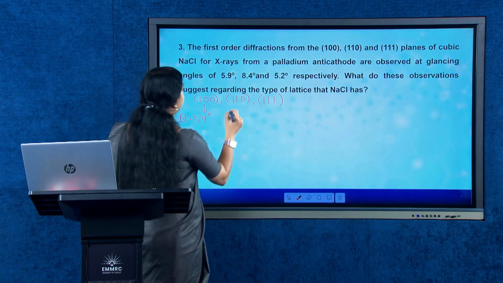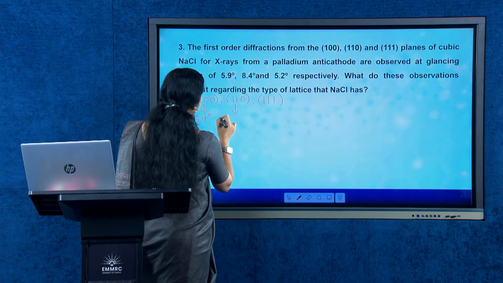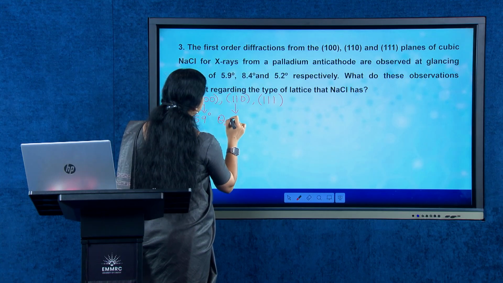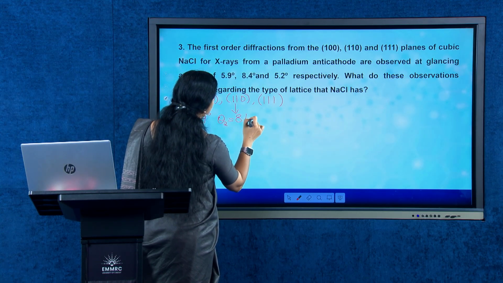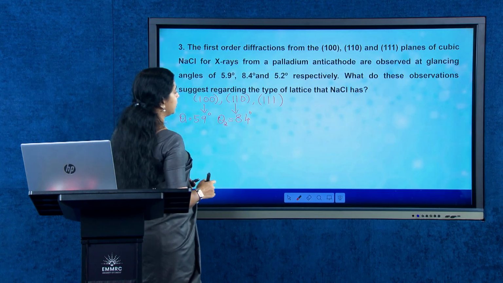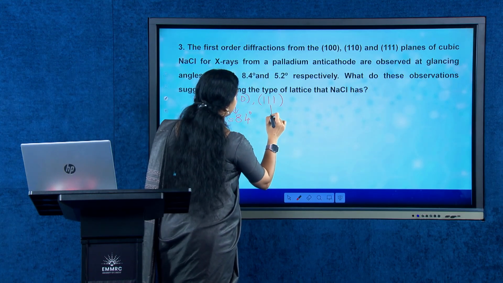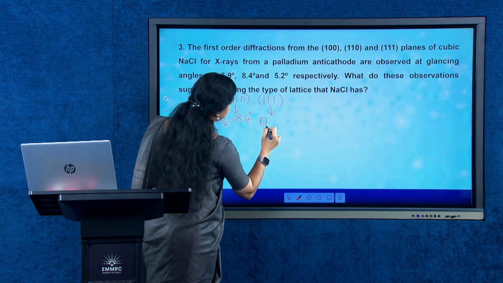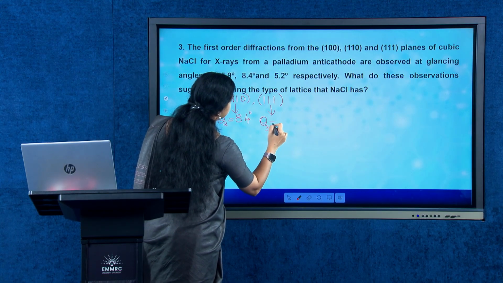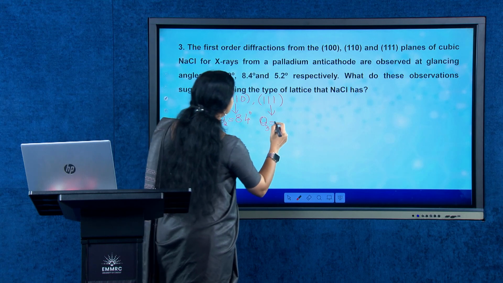For the 110 plane, the diffraction angle, let it be theta 2, is equal to 8.4 degree. Now, next is the 111 plane. For the 111 plane, the diffraction angle theta 3 is equal to 5.2 degree.